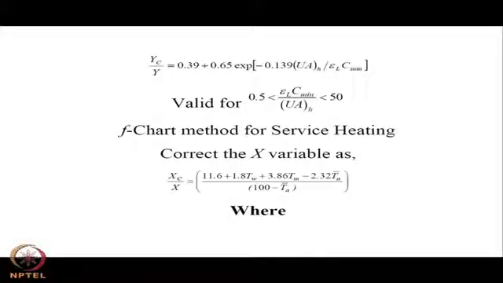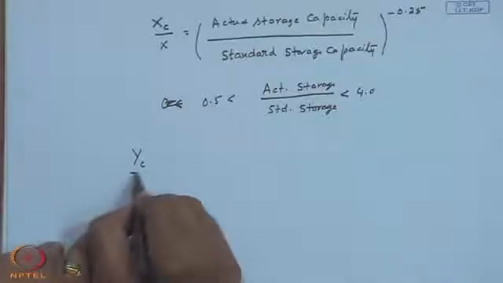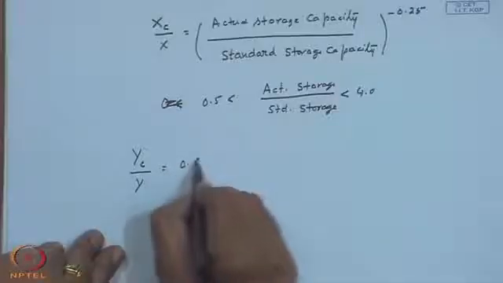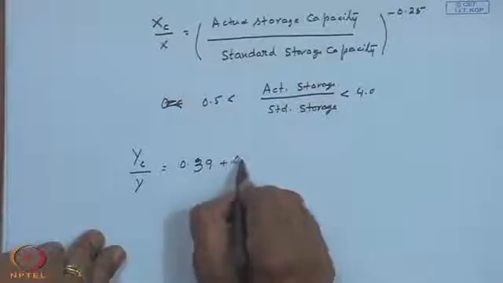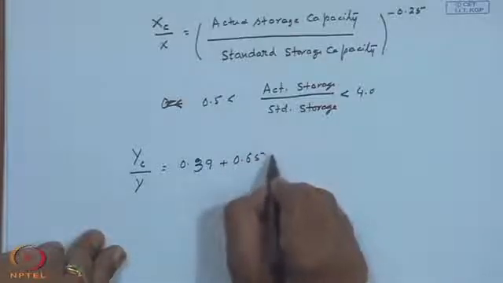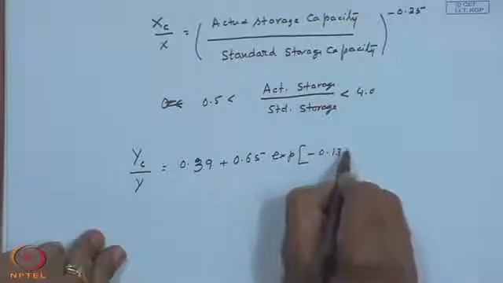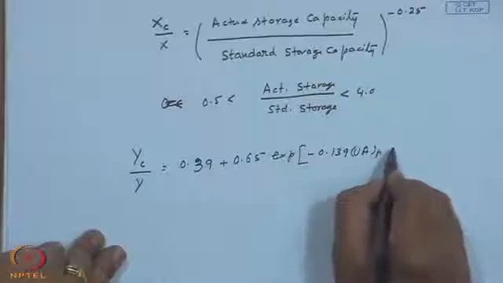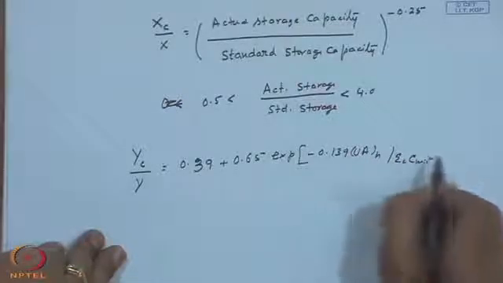Similarly, if the heat exchanger is non-standard, the variable y is corrected to y c from the original y according to this equation: 0.39 plus 0.65 exponential minus 0.139 u a h by epsilon L C minimum.